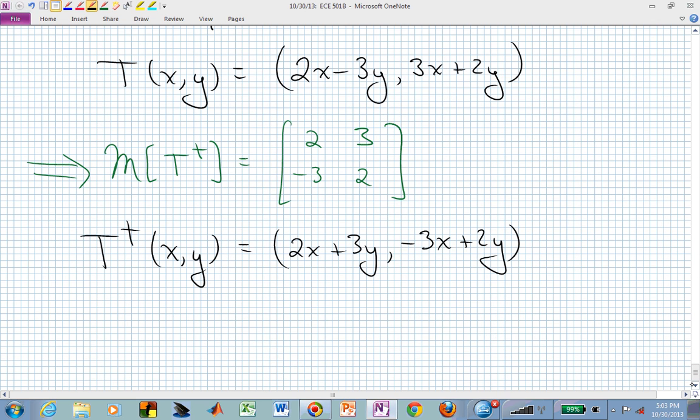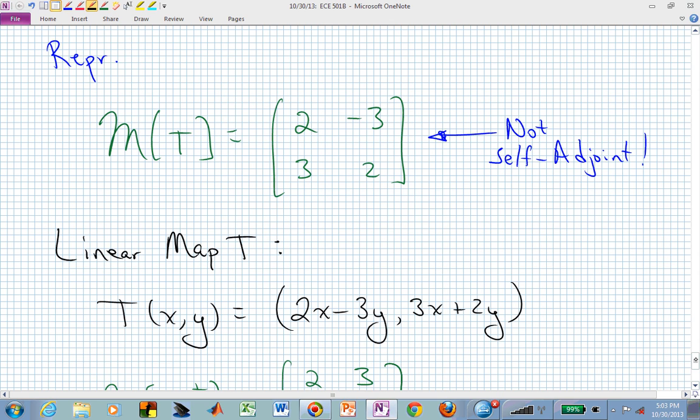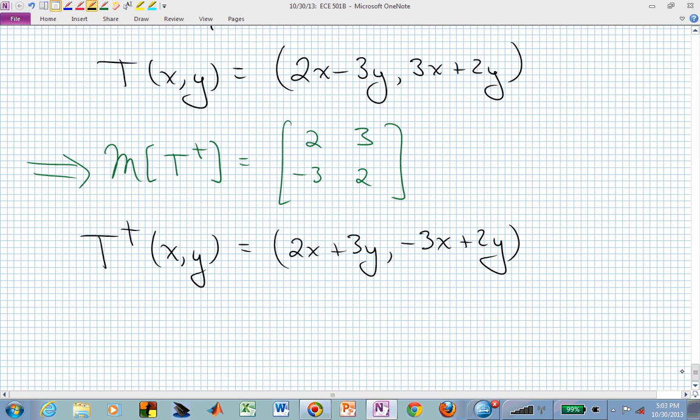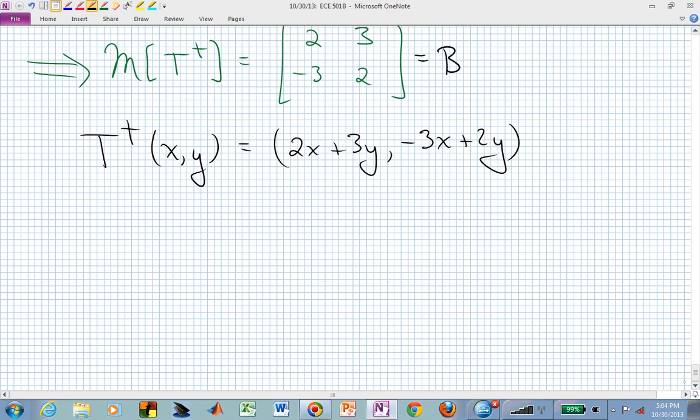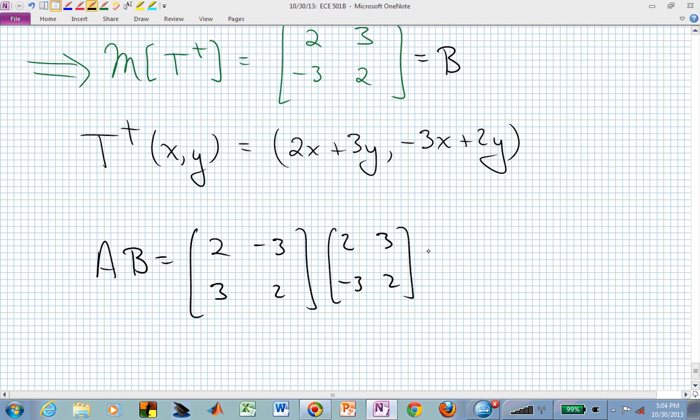So now what do we need to show? I'm kind of getting lazy. Let me call this A, and can I call this B? I need to show that AB is equal to BA, right? So now what's AB? A was 2 minus 3, 3, 2, and B was 2, 3 minus 3, 2.